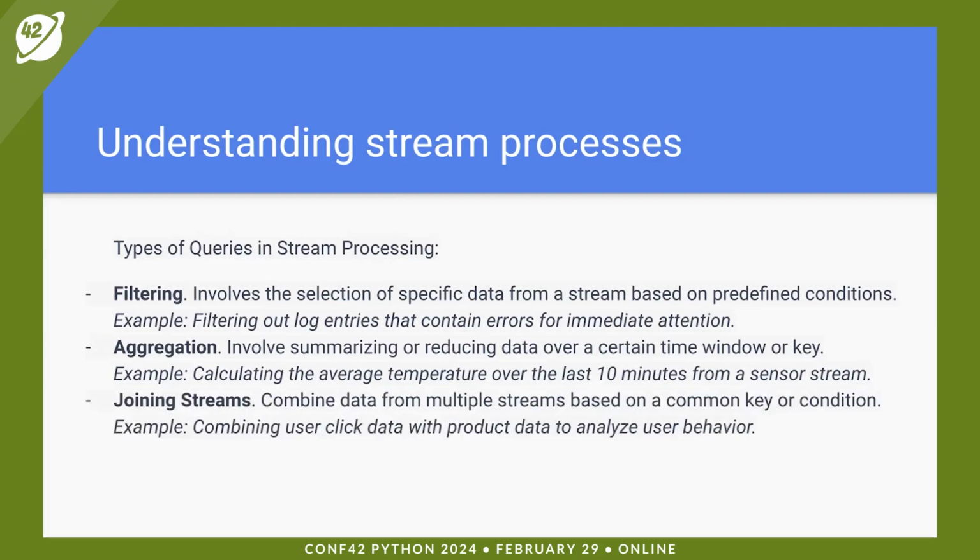Joining streams, this one I think is just really cool. You're able to ingest streams from multiple sources and bring them together to have a bit more of a dimensional analysis. One example is combining user click data with product data to analyze user behavior.